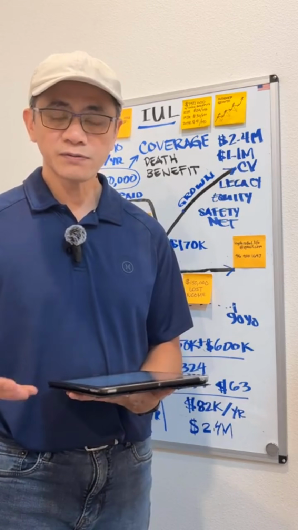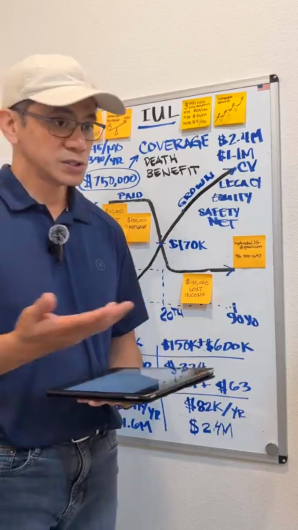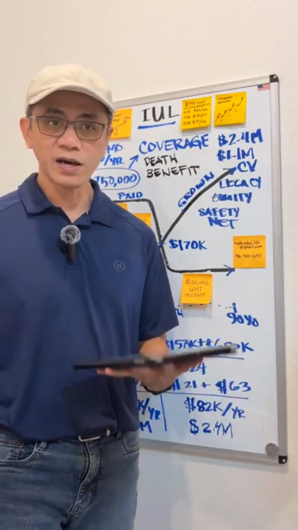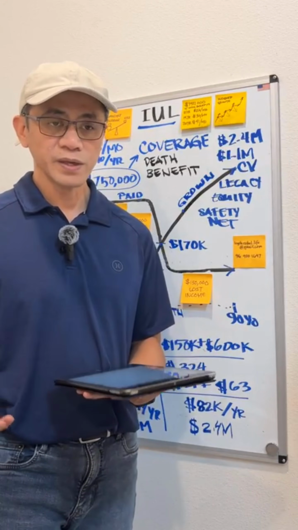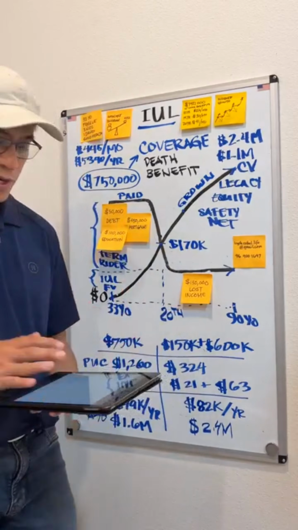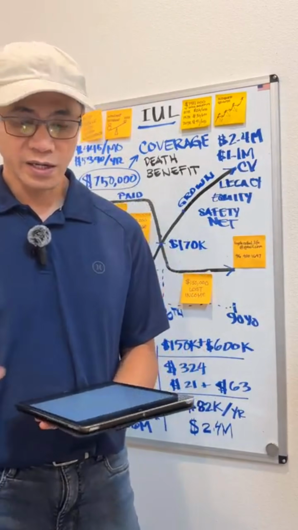So we use that to run thousands of simulations, using the historical S&P 500, scrambling the different ups and downs of the market. The goal is to see if the policy will be able to survive all those ups and downs. That's what AI does.